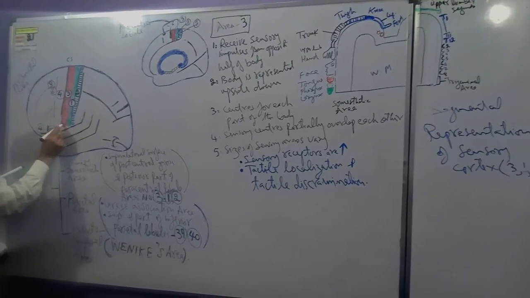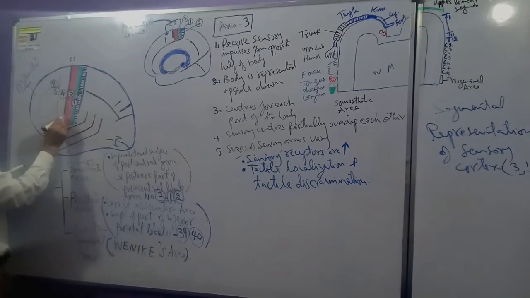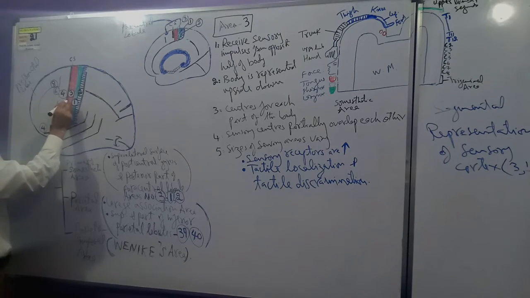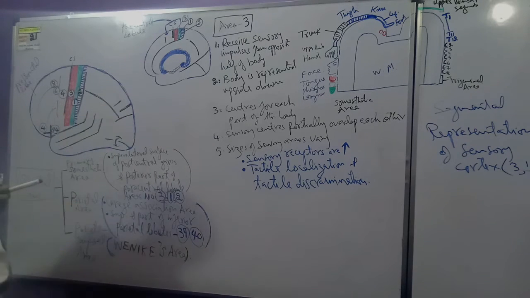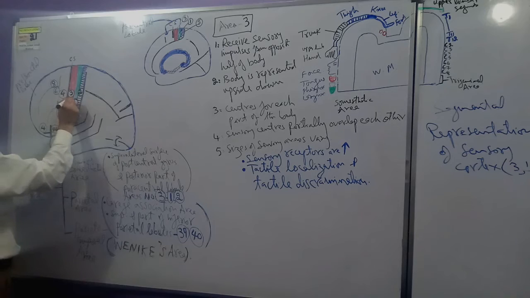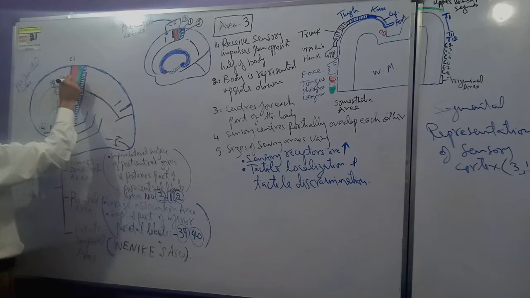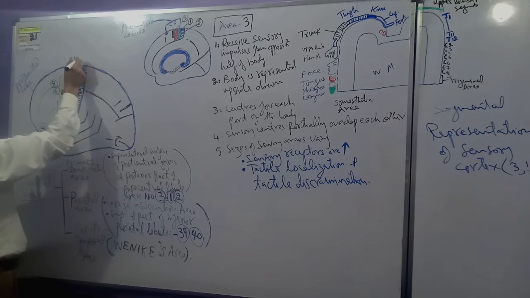Trigeminal area, cervical region, cervical 8, 7, 6, 5, 3, 2, C2. Then thoracic region starts, T12, 11, 10, 9, 8, 7, etc. Then the upper lumbar region reaches the superomedial border.